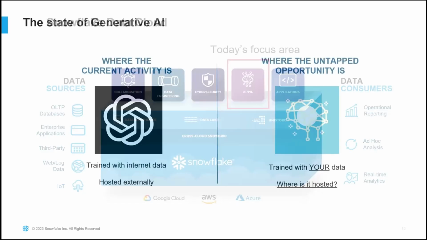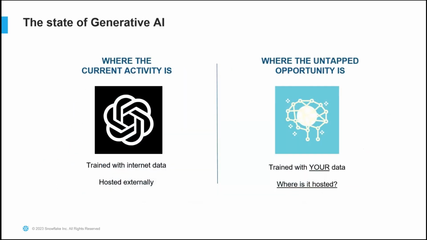today's state of generative AI is, as Rob was saying, very much around the huge large language models that are out there, like ChatGPT, which was built by OpenAI, or the whole host of other ones. Google has one called Bard. Amazon has their own. There's so many out there that are tremendous AI assets.